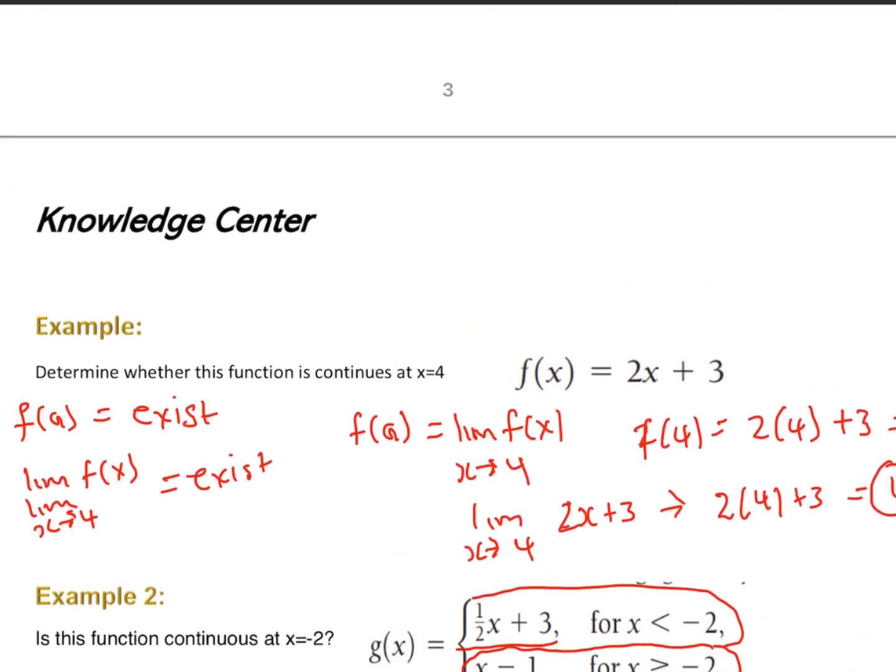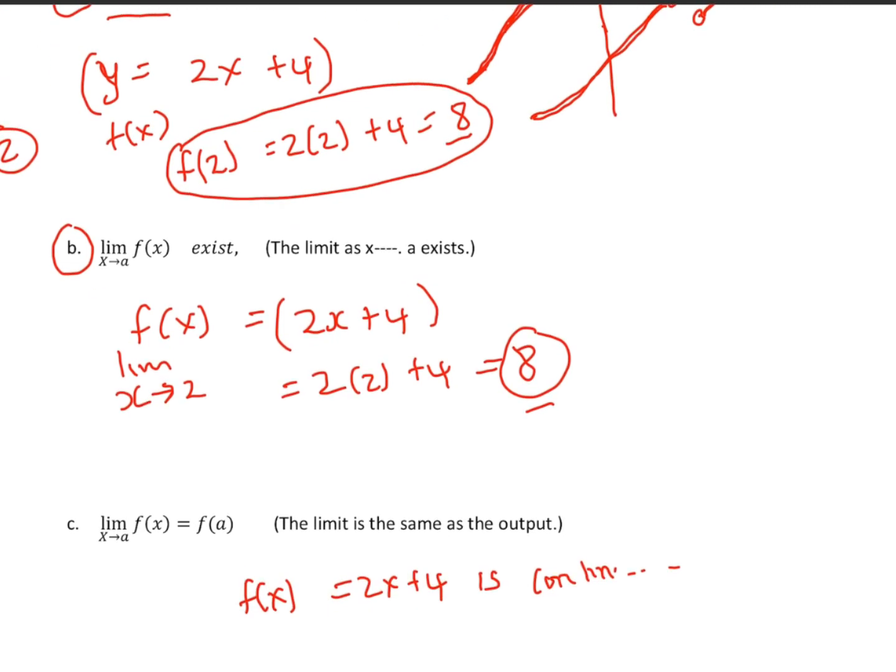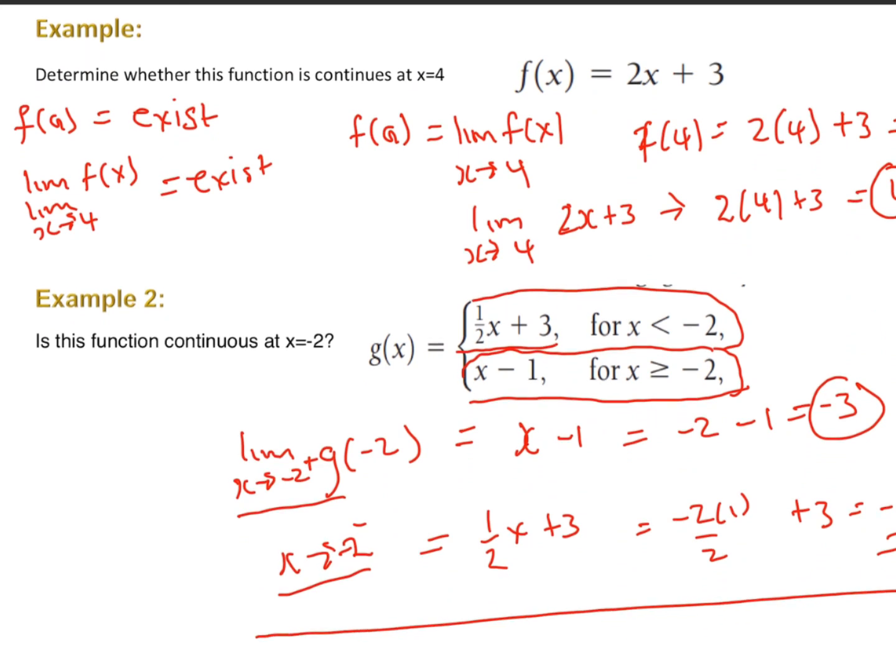So the conditions are: you check whether f of a exists. Secondly, you check whether the limits exist, and to check that, you need to check the right-handed limit and the left-handed limit. For a piecewise function, for the right-handed limit, values fall under the second piece because the condition is x is greater than or equal to -2.